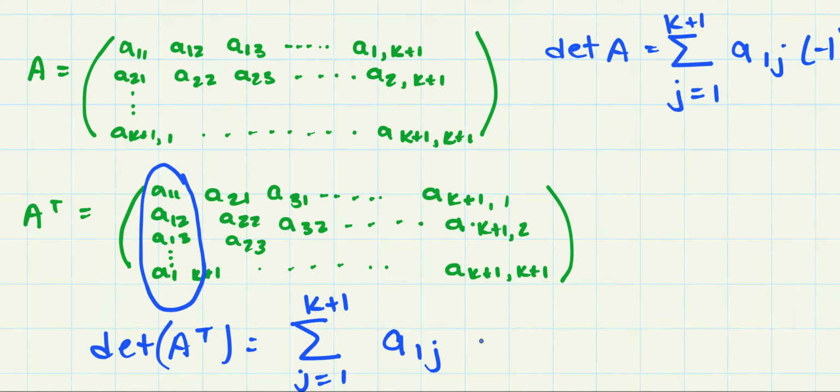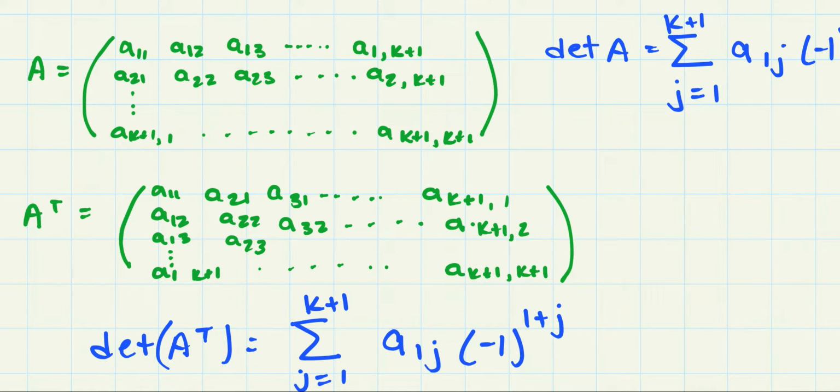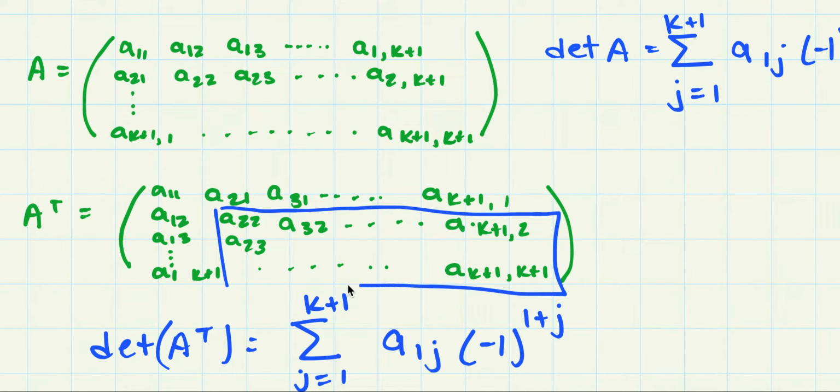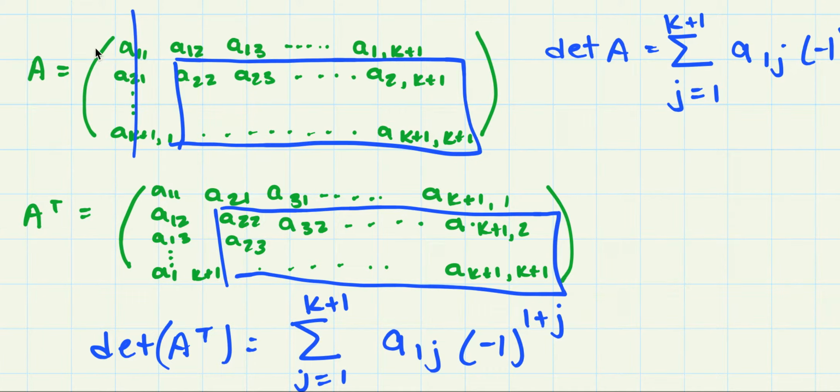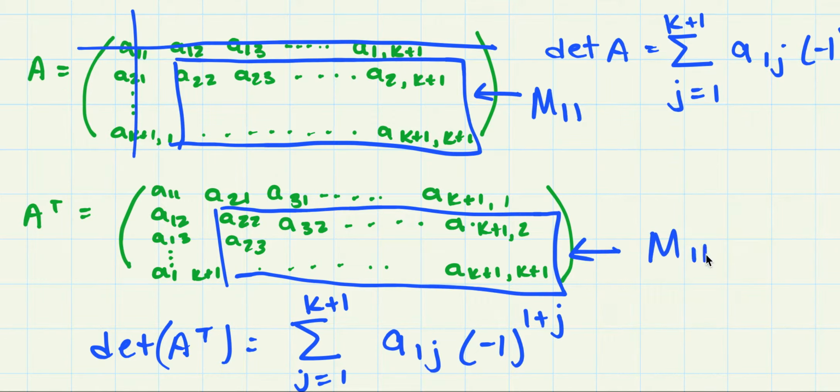So this is A1j times negative 1 to the 1 plus j. And then the minor matrix is right here. And this minor matrix, let's compare it to the original minor matrix. So when we marked out the first row and column, what is the difference between this one and this one? Well, if this one is M11, this one is M11 transpose.